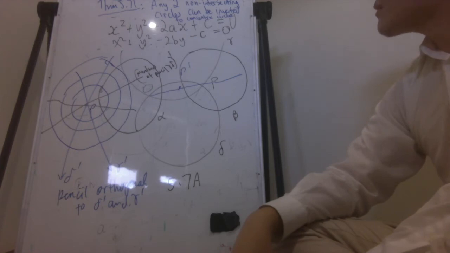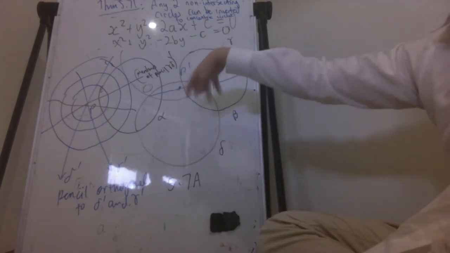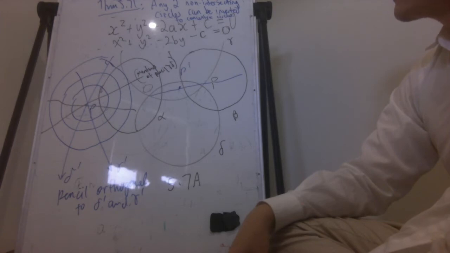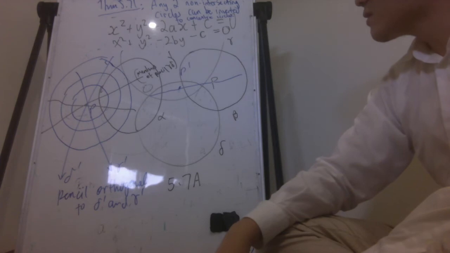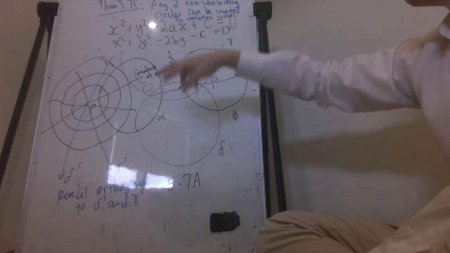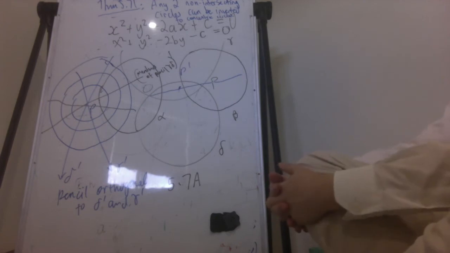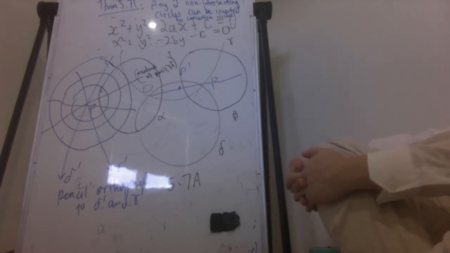If you have two non-intersecting circles, you find gamma and delta that intersect and are orthogonal to both. Then you invert with respect to O. That gives you the concentric circles, right? Because alpha and beta have to be orthogonal to the images of gamma and delta, yeah?